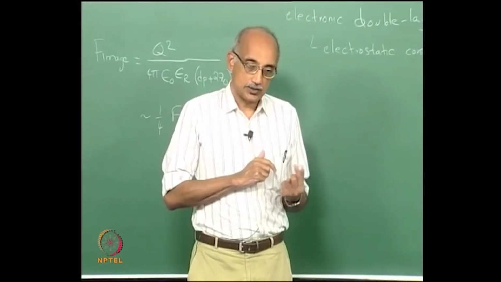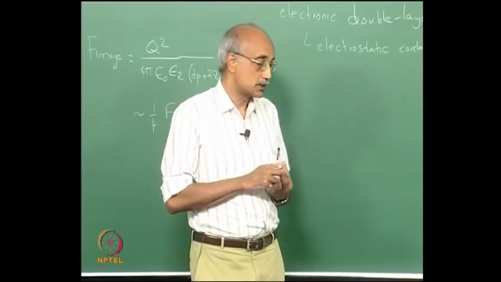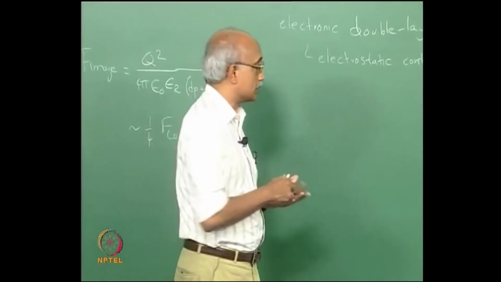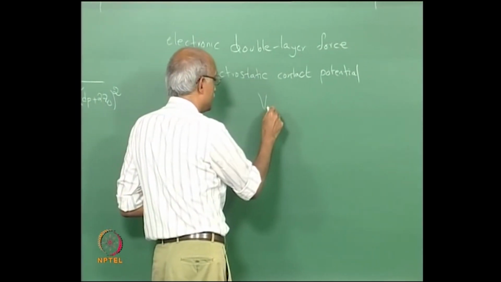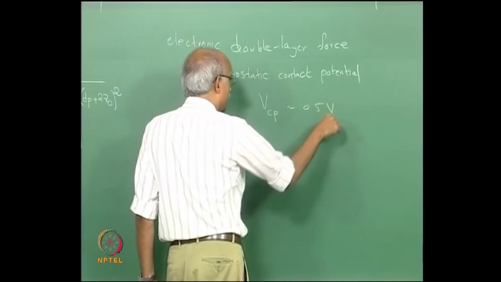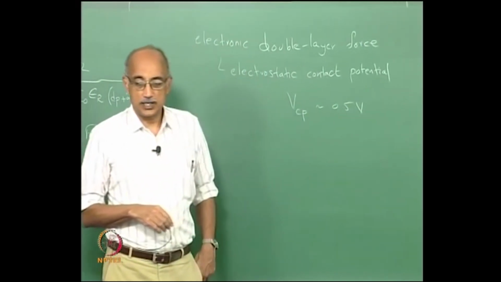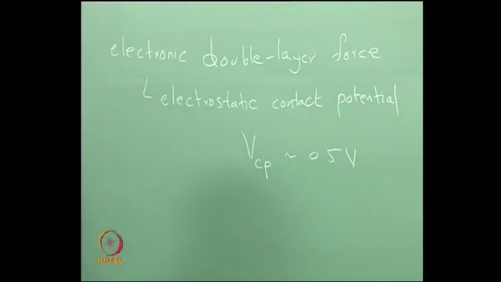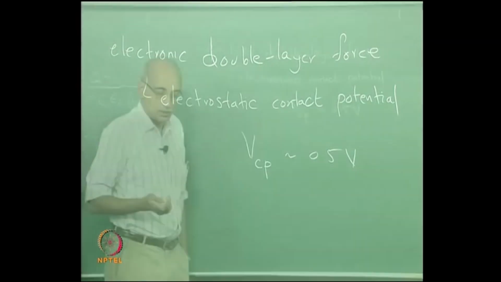Now, this electrostatic contact potential can be quite significant. This potential, Vcp, can be of the order of half a volt. So, that is quite large. Particularly, this force is especially important for finer particles.